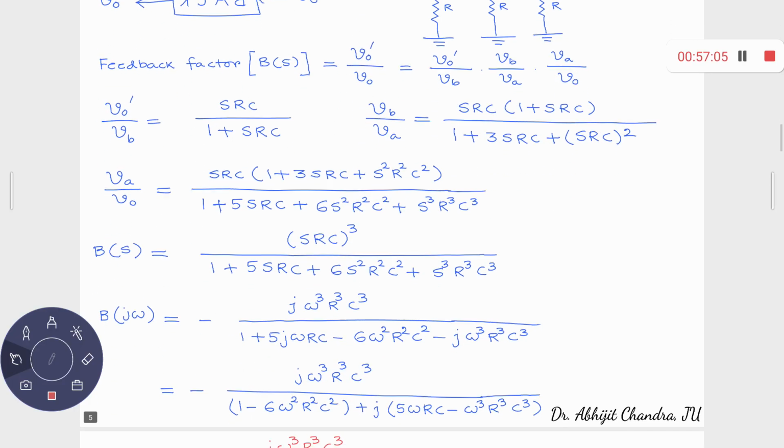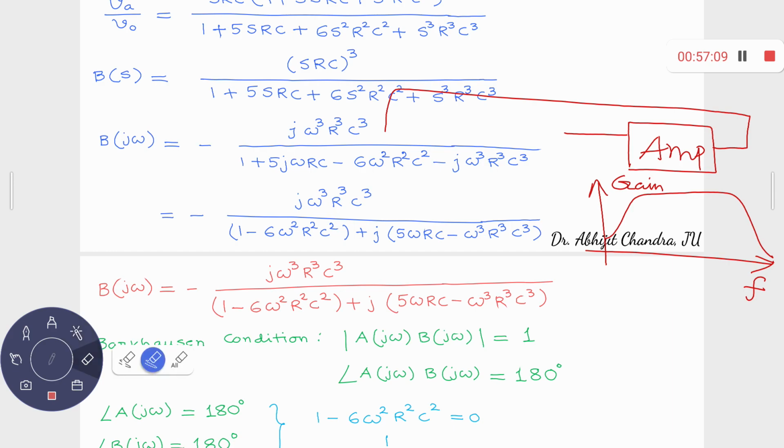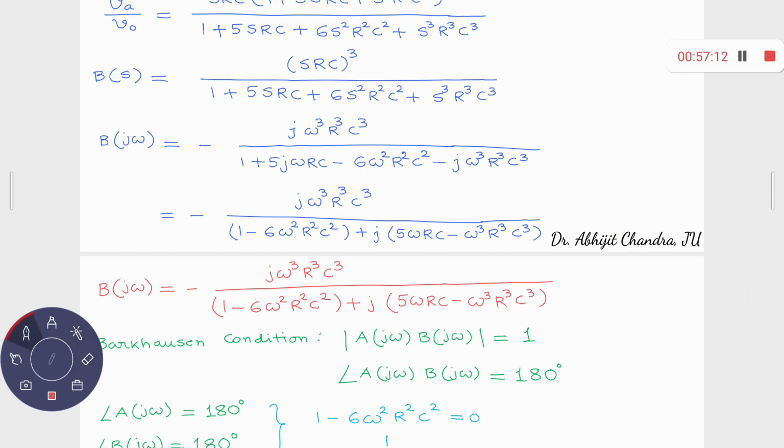If I once again consider this product, yeah, this one, this is the system function or gain function for the loop. Only at omega RC equal to 1 by root 6, this Barkhausen condition gets satisfied.